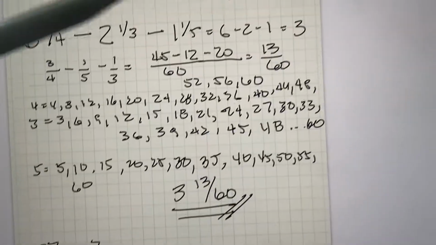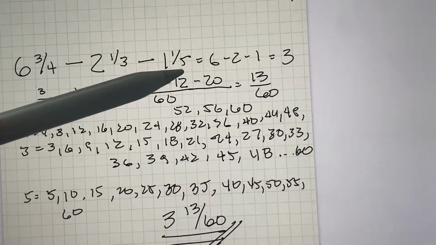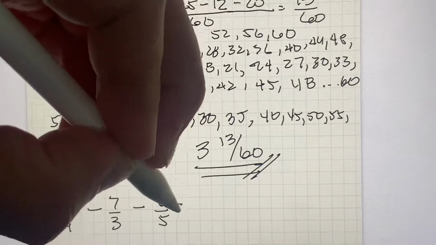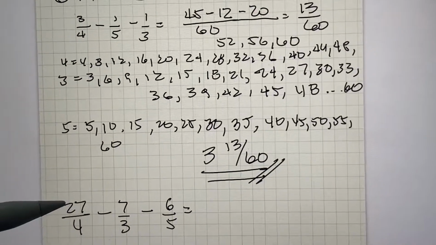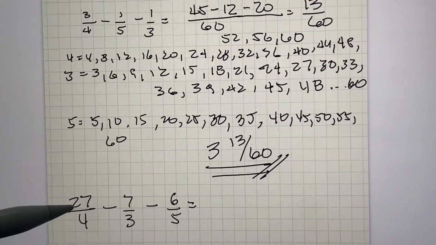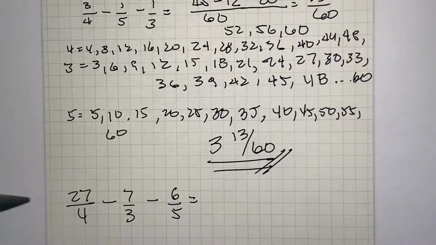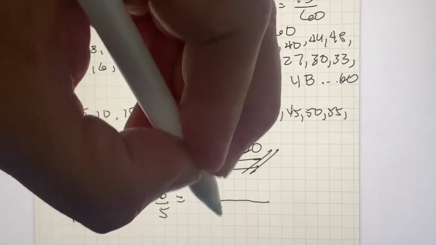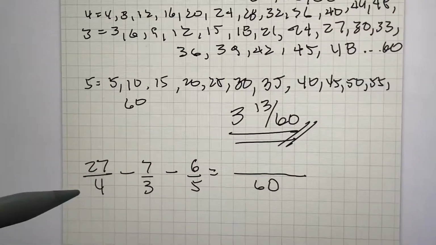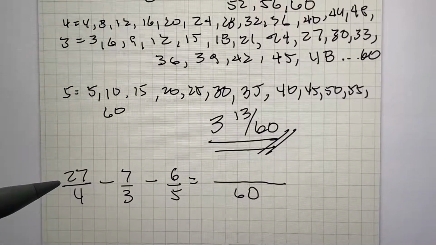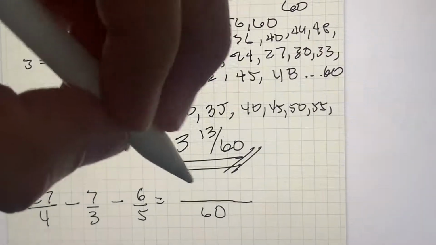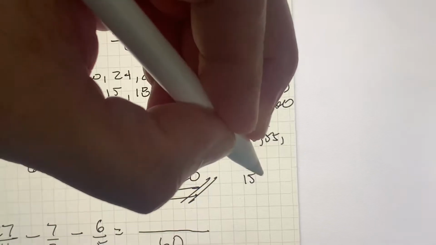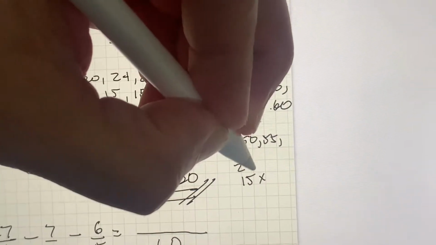And then I have 1 times 5 is 5 plus 1 is 6, 6/5. Then again, same common denominator, so it's 60. So 60 divided by 4 is 15, times 27. So now I need to do 15 times 27.